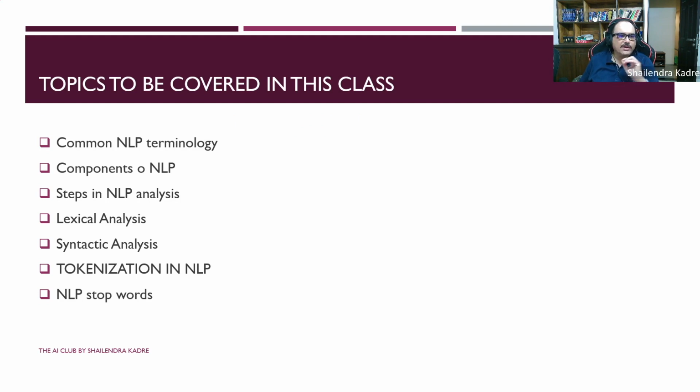Then we'll cover the components of any natural language processing analysis. Then we'll see the steps in natural language processing. There are 5-6 steps, out of which we'll study 2 today: lexical analysis and syntactic analysis. Then we'll study one important concept, tokenization. I think you are already familiar with tokenization, and we'll try to understand what NLP stop words are.